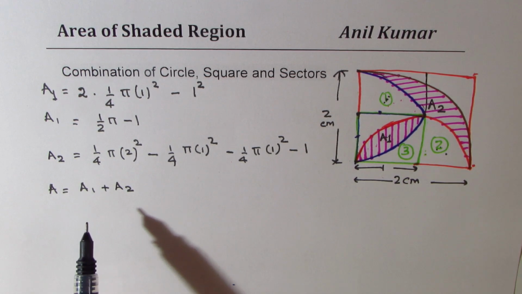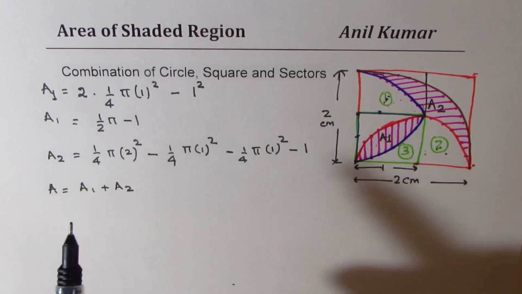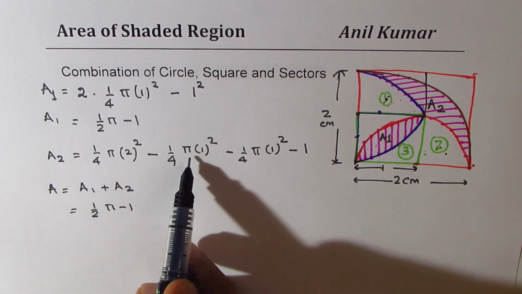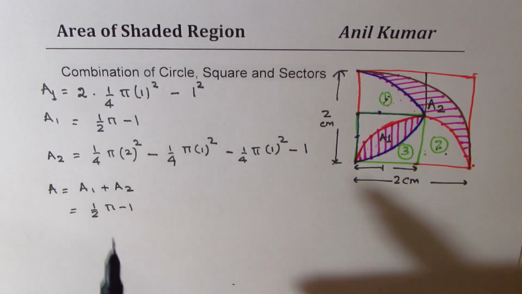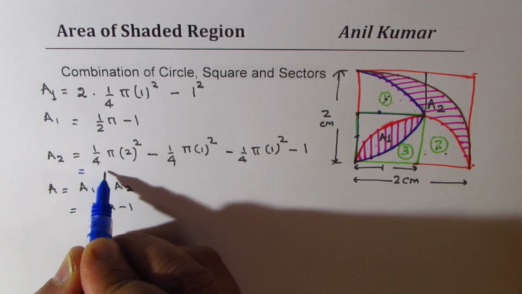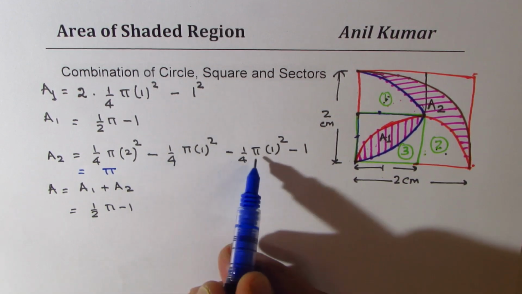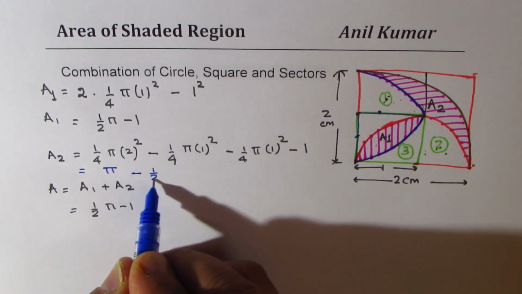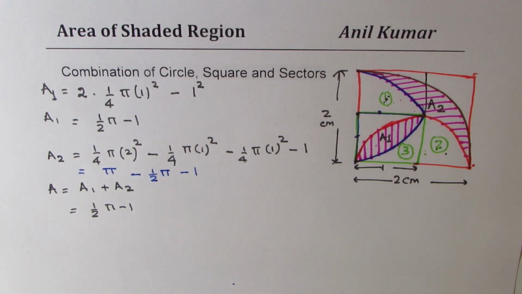Now, so A1 is half pi minus 1, and here we have 2 square is 4. Let me simplify this, it is better. 2 square is 4, we get just pi here, and these two are the same terms, right? So we can add and take away. So it is half of pi minus 1, right? So that is A2.